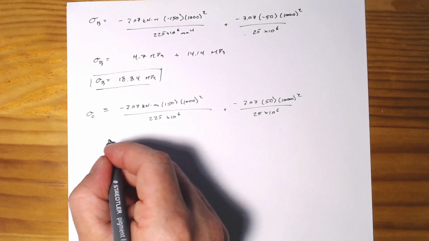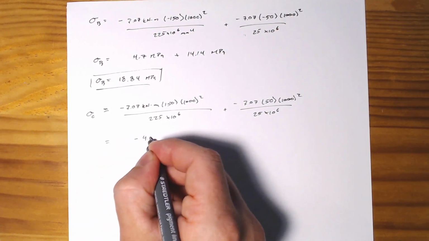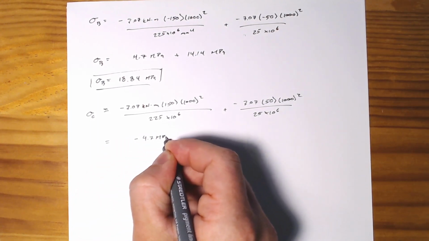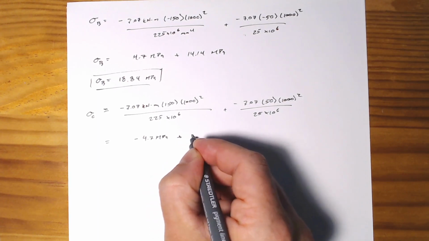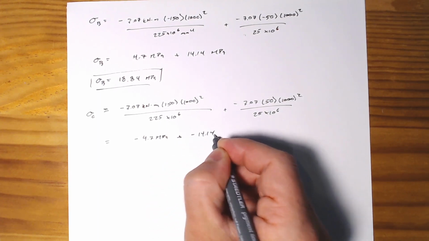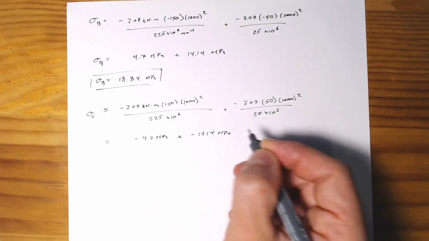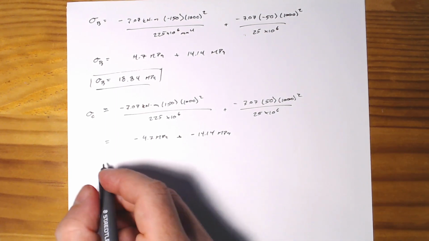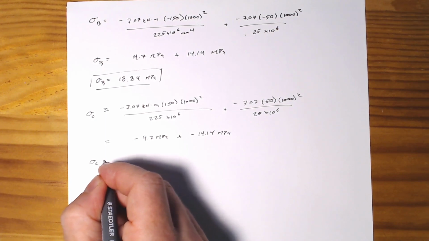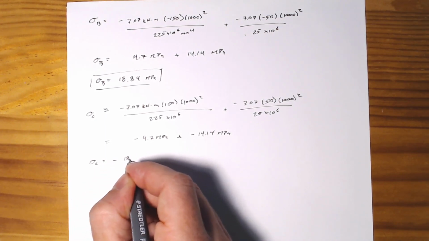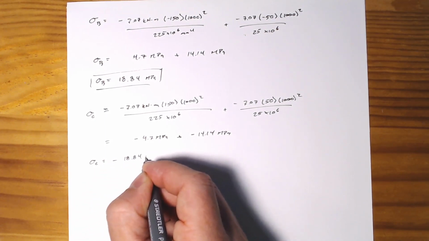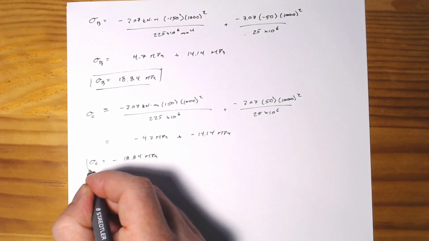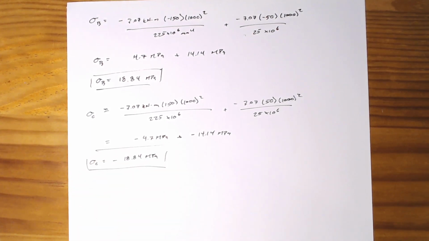If we get that, we find we've got minus 4.7 MPa plus minus 14.14 MPa. And that's going to mean that sigma C equals minus 18.84 MPa. So that's a compression force there.